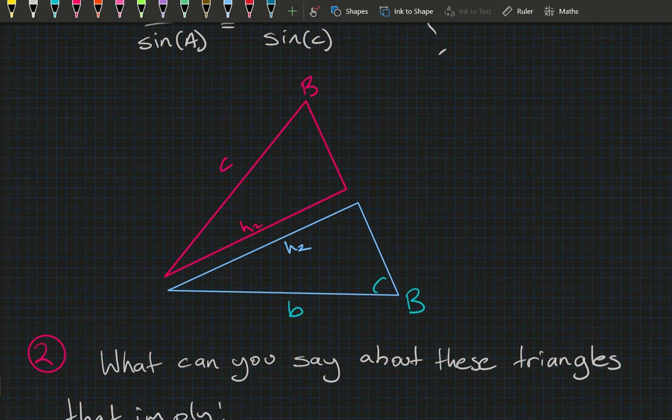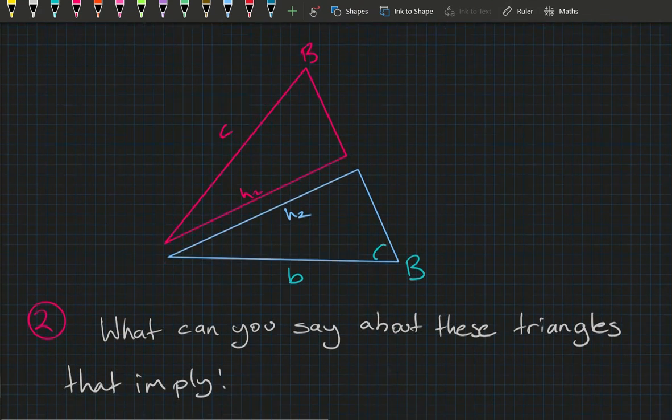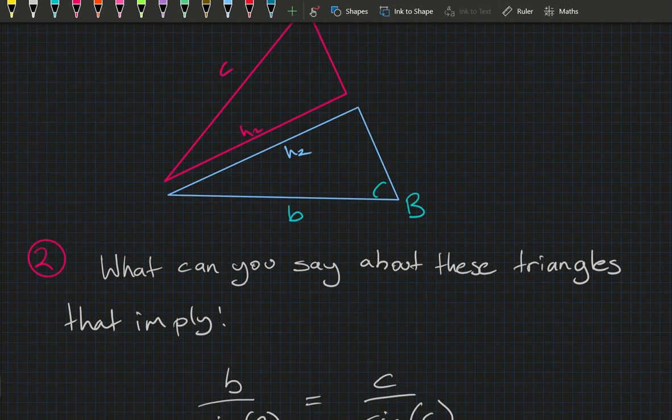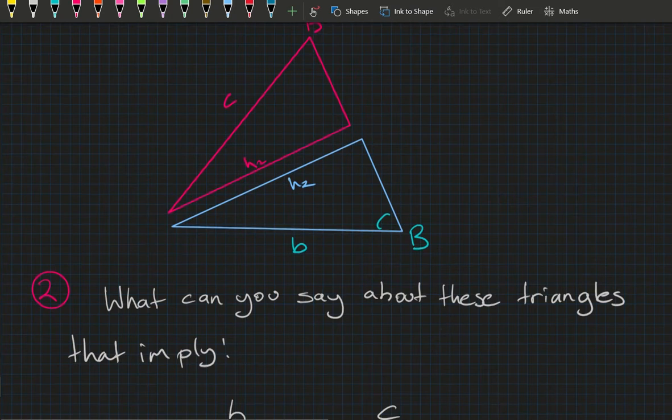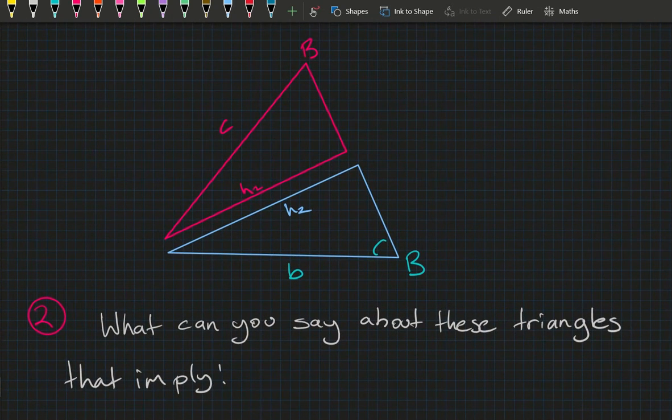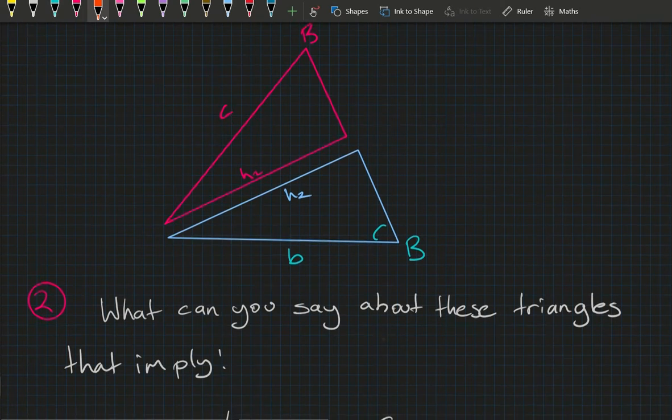What can you say about these triangles that implies that the side length b divided by sine of the angle B is equal to the side length c divided by sine of the angle C? Let's have a look at that again. You should be able to tell me something about those, obviously related to this height here.